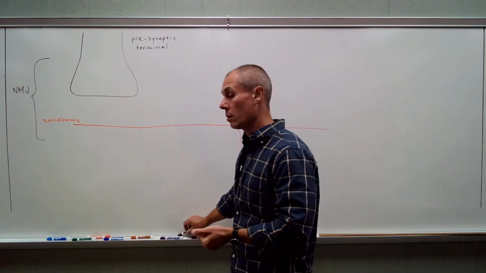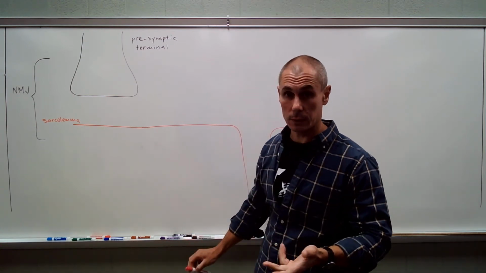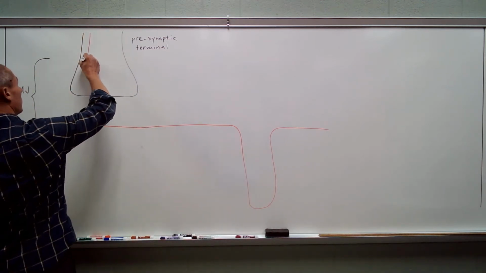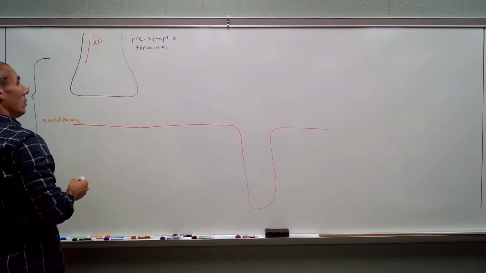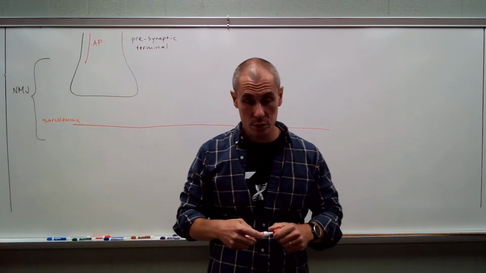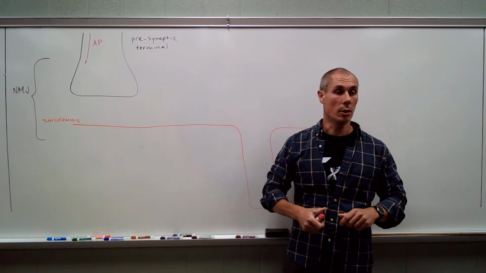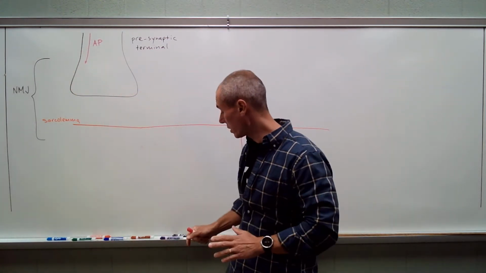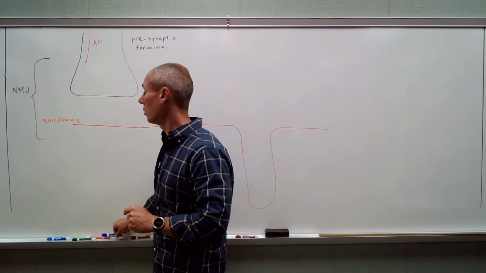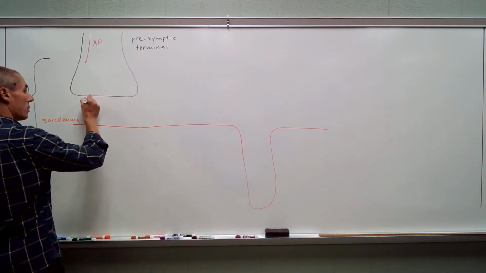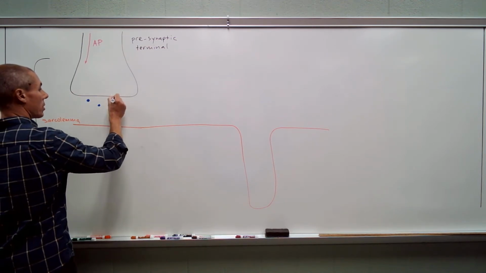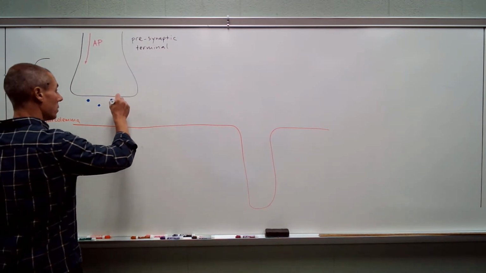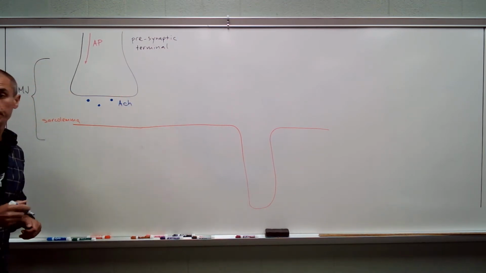So what happens? First of all, of course, an action potential will arrive onto the presynaptic terminal. Old story, you know that story. Calcium channels are going to open, and the influx of calcium will result in the release of, lo and behold, neurotransmitter. This neurotransmitter that is released is always, without an exception, acetylcholine.